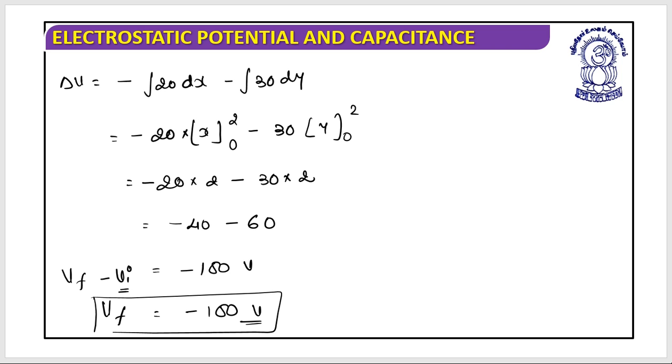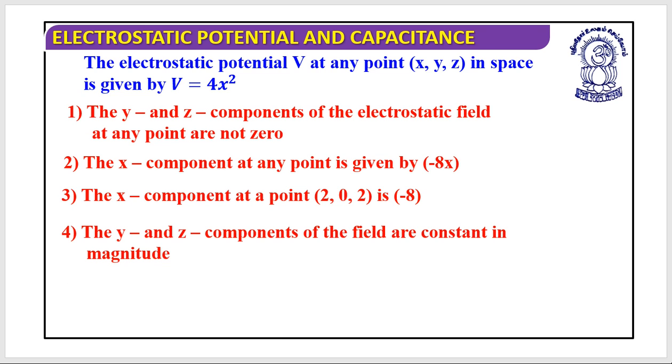Yes. Let's look at the next question. What they have given is that the electrostatic potential V at any point (x, y, z) in space is given as V equals 4x square. And four options are given. What do you need to find?